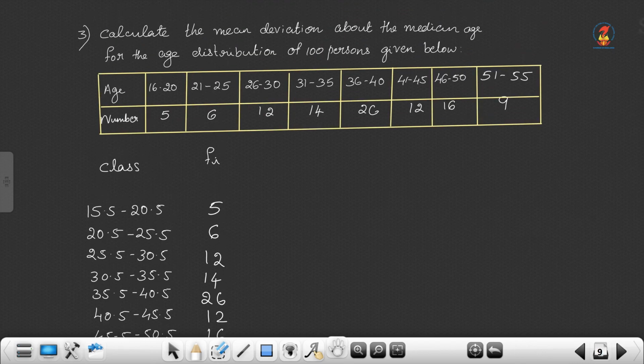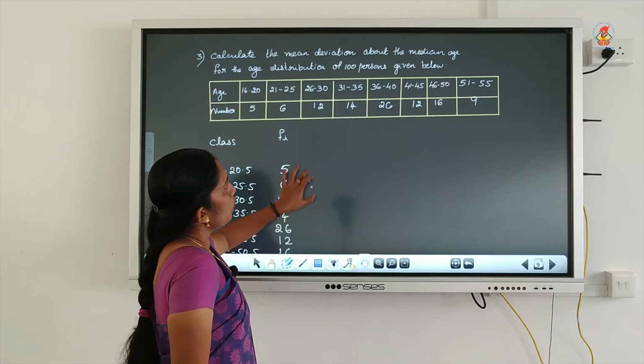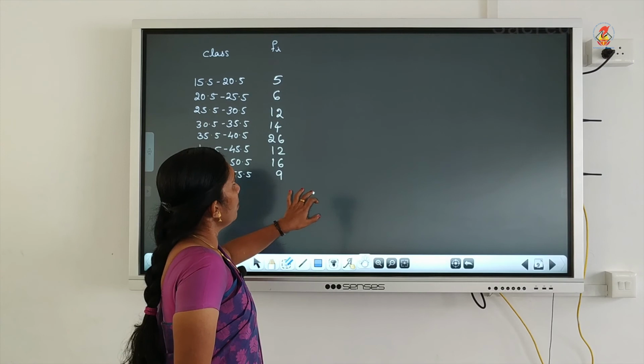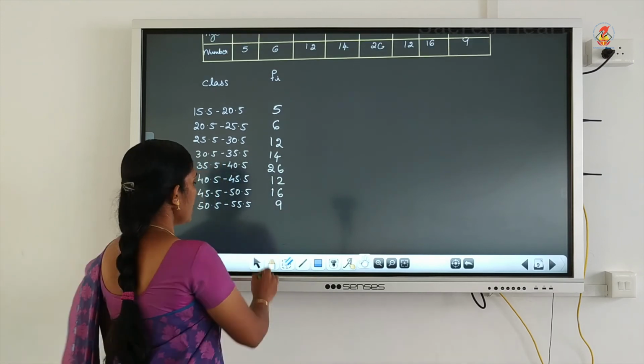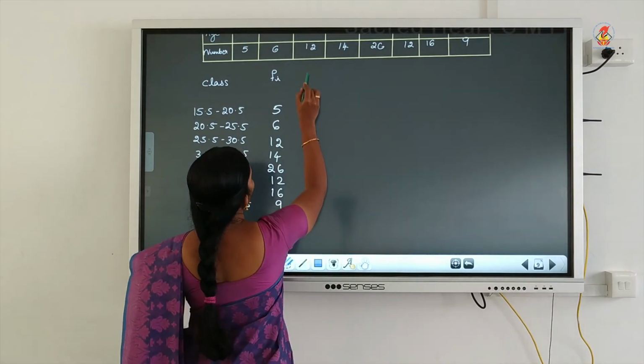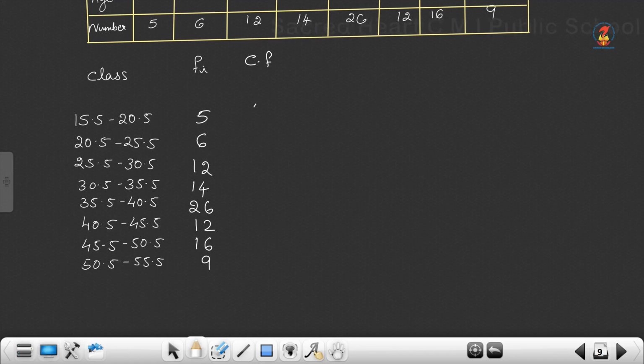Then what we have to find? Mean deviation about median. So for median we need cumulative frequency. So cumulative frequency CF. 5 plus 6 is 11, 11 plus 12 is 23, 23 plus 14 is 37, 37 plus 26, that is 63, then 75, then 91, then 100.